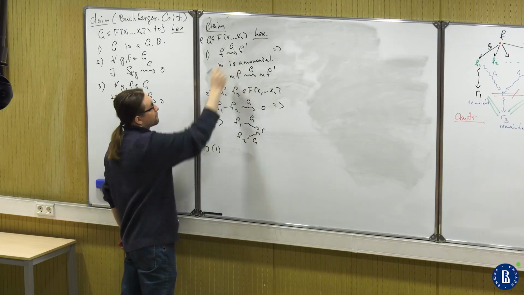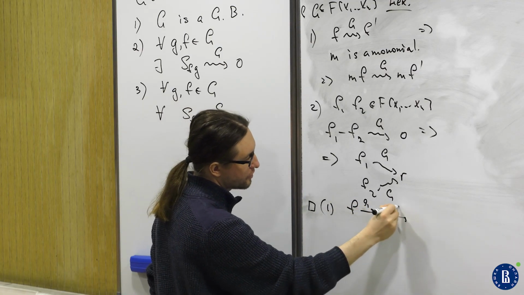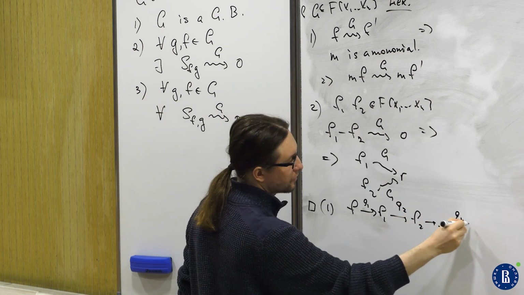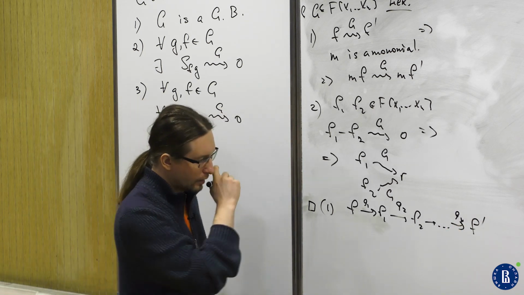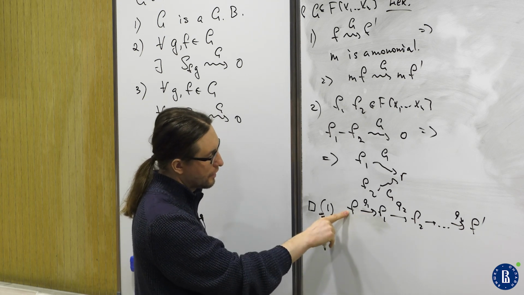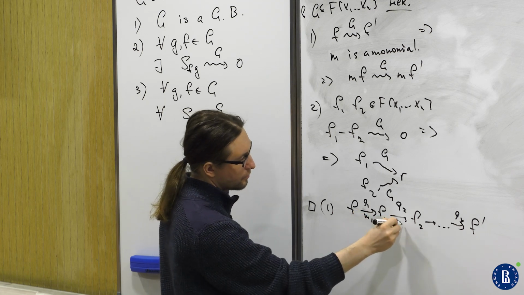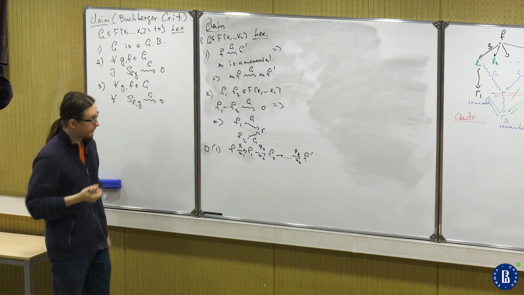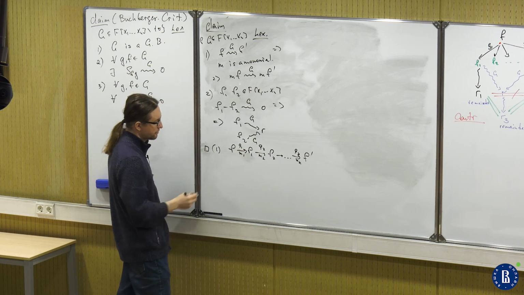Suppose that you can reduce F to F prime. It means that there is a sequence of elementary reductions like this. And at the end of the sequence, we have F prime. So, and let me write down a monomial here, which was reduced in F. So let's say M1, M2, Mk. Now, let's take a look at one step of this process.